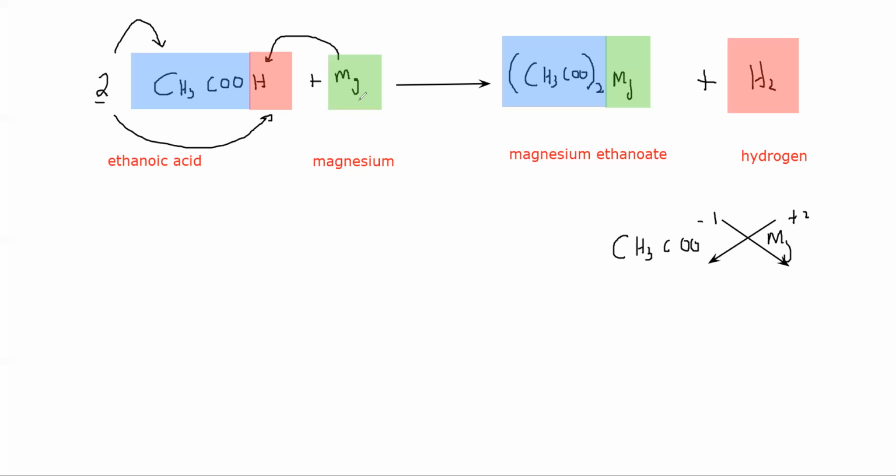How many magnesium in the green shade? 1 and magnesium 1. So magnesium is also balanced. So I just have to put 2 before, then this whole equation is balanced. Is this clear? Clear, sir.